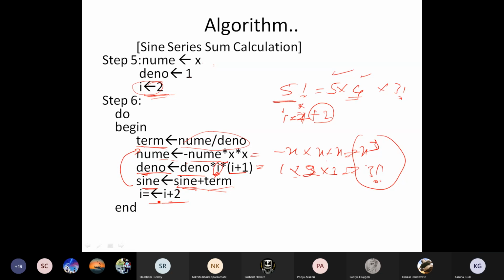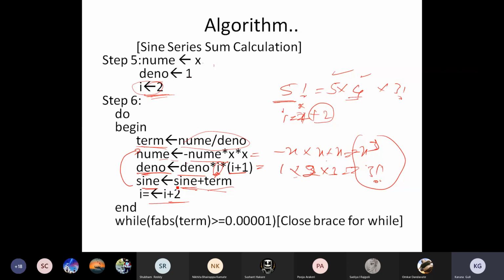So how many times does this loop have to be repeated? That's what I am writing in the while loop there. Whatever term, that is sine value, that I calculated there, that term value should be more than the accuracy you want.